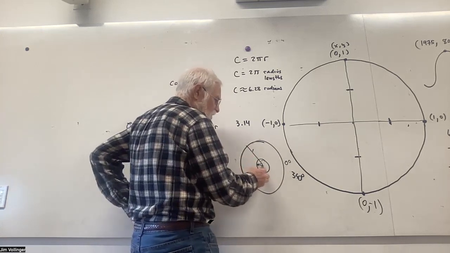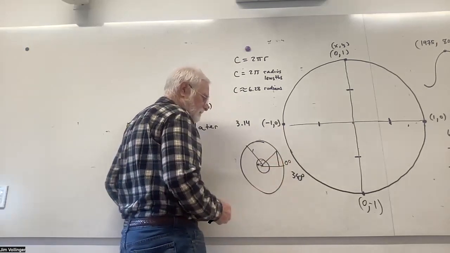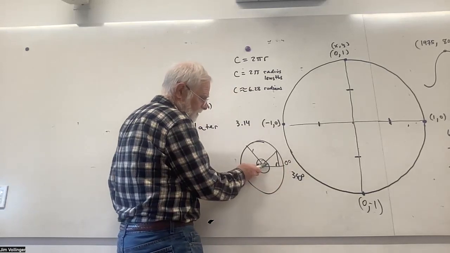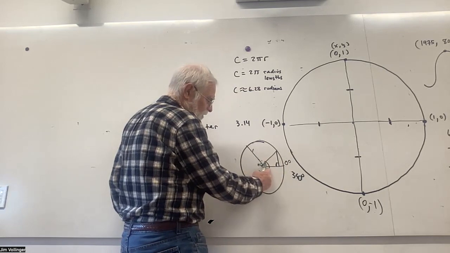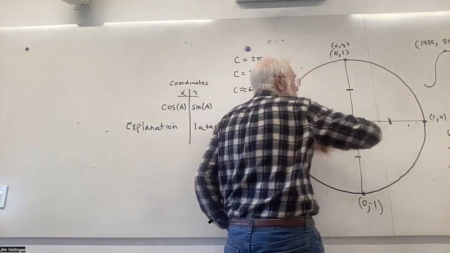So we start drawing triangles. Right triangles for starters. Well, that looks familiar to you as a degree symbol, I think. But it's also part of the circumference of the circle.